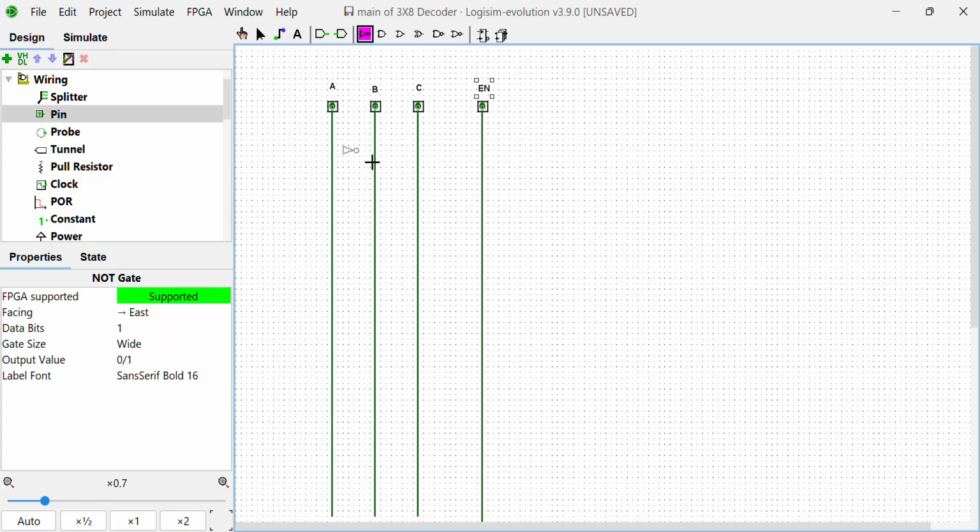So we need to have our NOT gate. We need to arrange it well, position it well. We have 3 of them. And we connect it to the input lines. Then after we draw the NOT gate line as well.